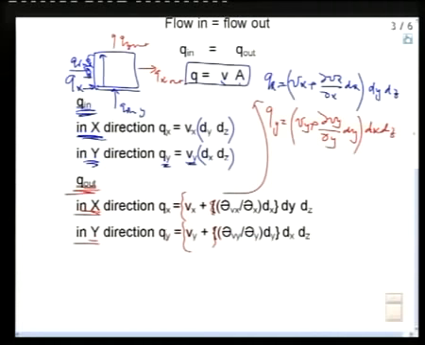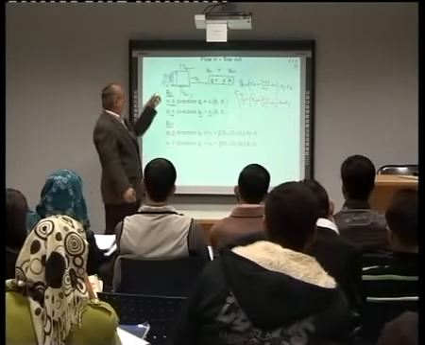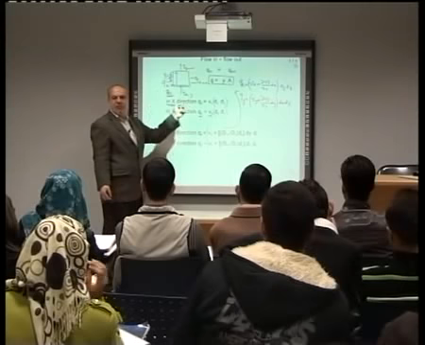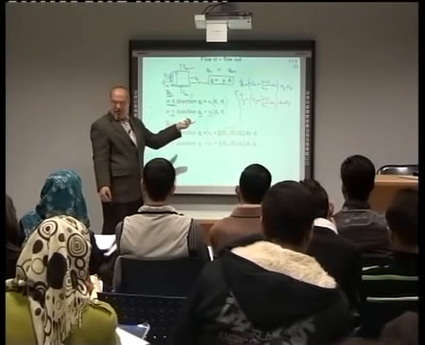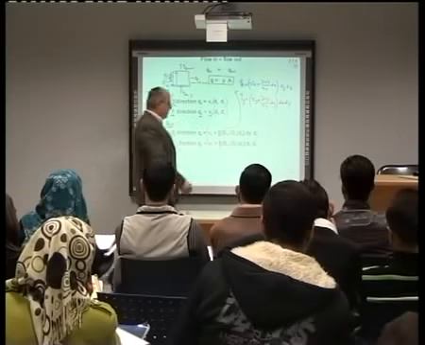The A. So what do I have now? I have Qx inside, Qx outside. Qy inside, Qy outside. But I know that Q in equals Q out. So I can say that this plus this equals this plus this. Qx in plus Qy in equals Qx out plus Qy out.